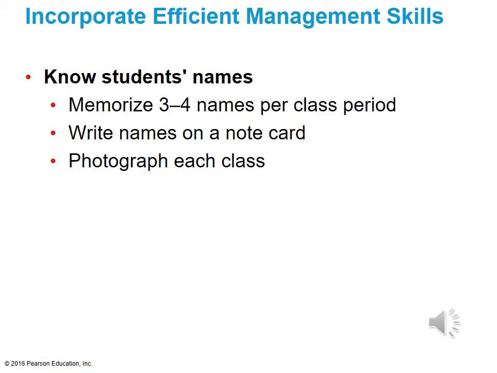That way you can just say their name and then explain to them whatever you want. The previous book had suggested possibly an instant camera to take pictures, and then you could learn their names, but we know we can't do that. So we won't be able to photograph the kids unless you're using it for your own personal benefit to help you to know the kids.